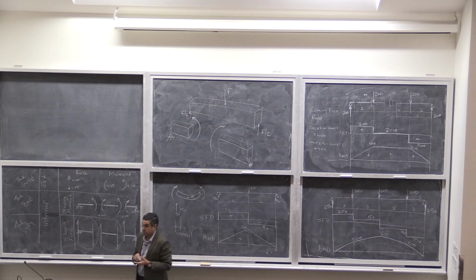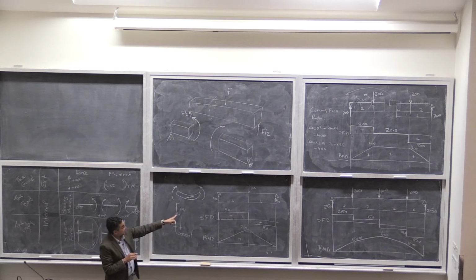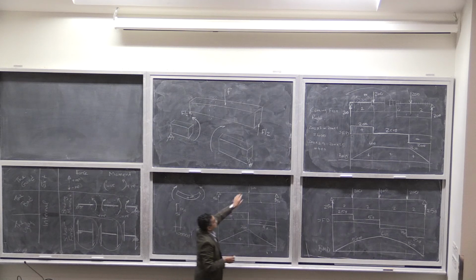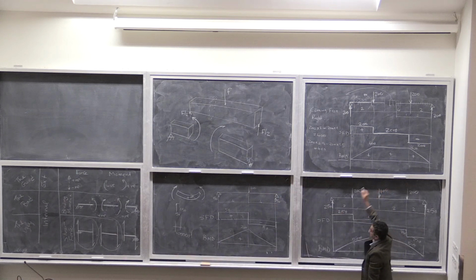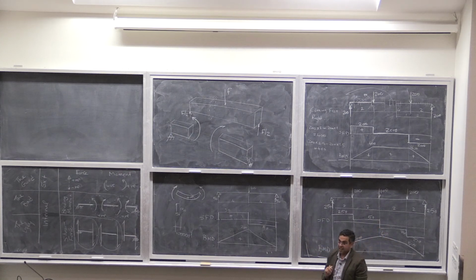It's the same beam. Here it had the force in the middle, two forces to the side, and then I added the forces. So you add this diagram to that diagram, gives you this. You add this to this, gives you this, and it checks. It's called the principle of superposition. You can add two together, and they will add up.